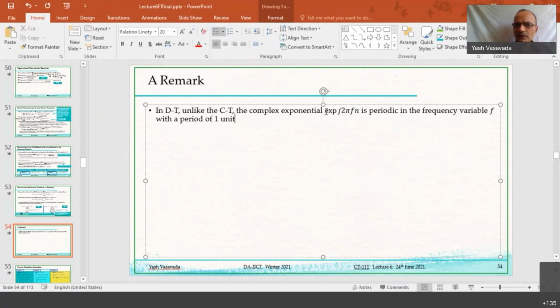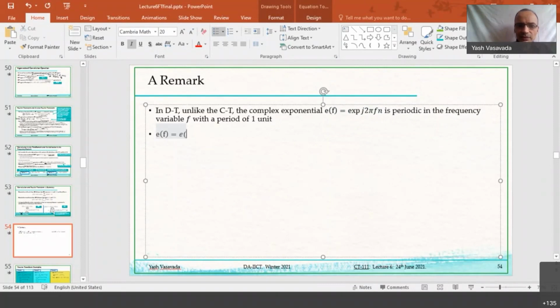So this is very easy to see. If I call this E of f, the complex exponential at the frequency f, what we are saying is that E of f is the same as E of f plus 1.